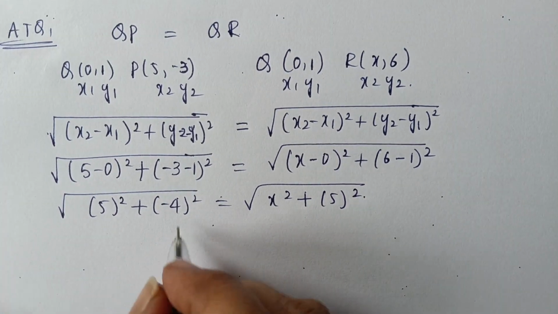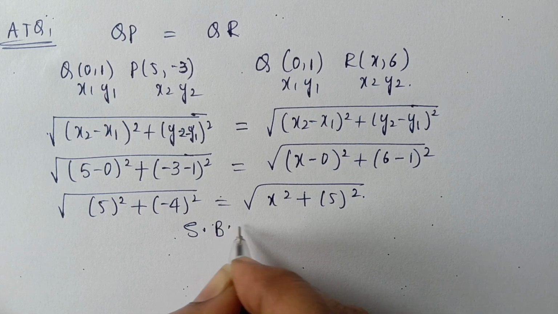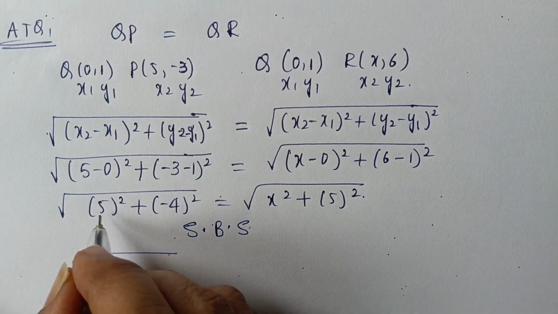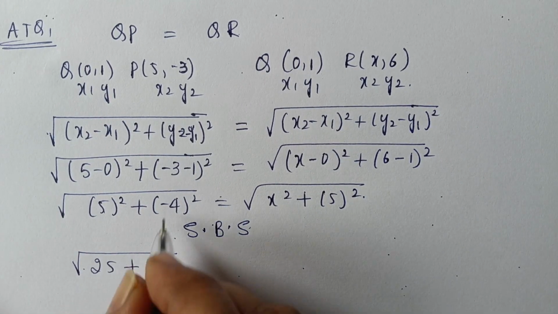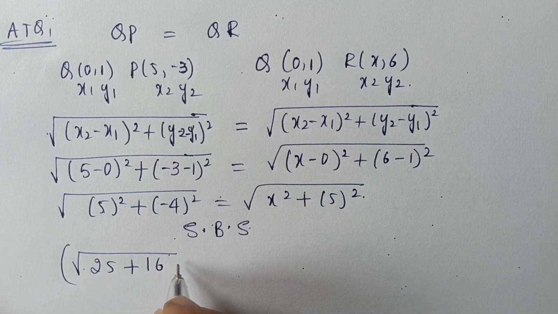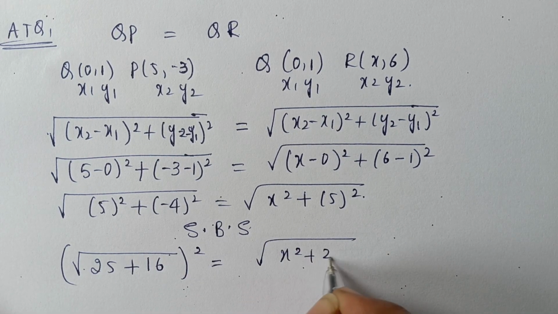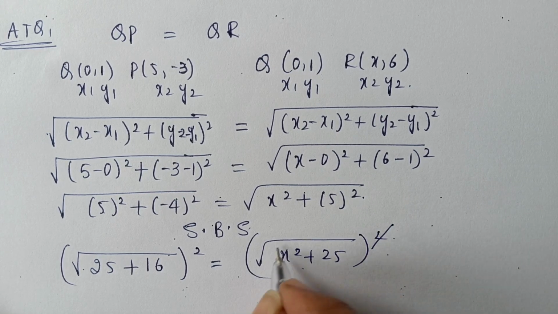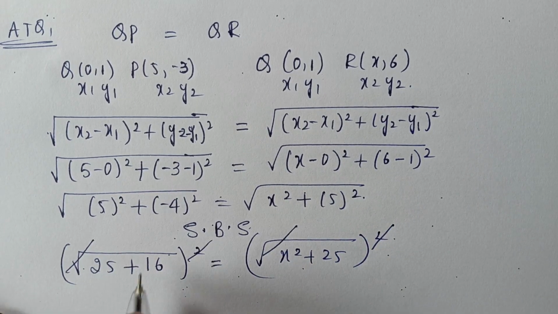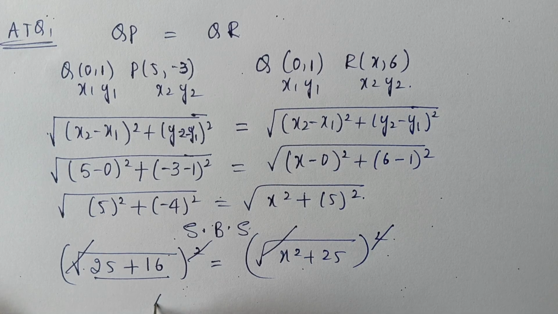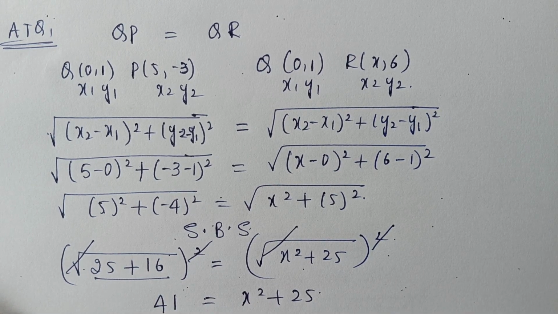Here also we can do squaring on both sides. So the square root cancels. 25 plus 4 fours are 16, so 25 plus 16 is 41, equal to x square plus 25.